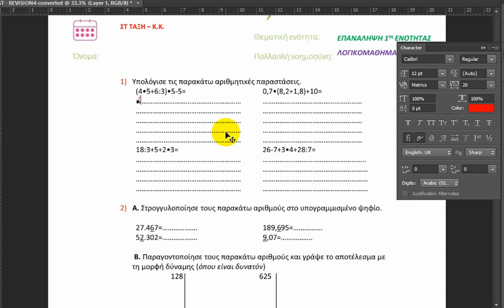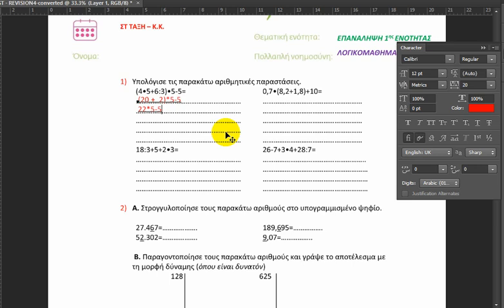So we get 4 times 5, 20, plus 6 divided by 3, 2. Multiplied by 5 minus 5. Inside the parentheses, we're going to do 20 plus 2, which makes 22. And there will be nothing left to do inside the parentheses. So let's just get rid of them. 22 times 5 minus 5.